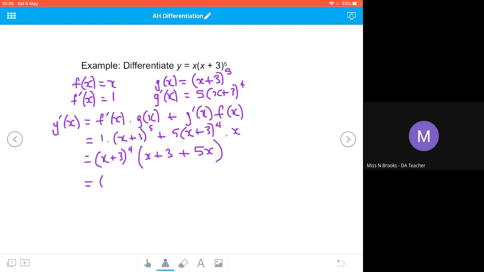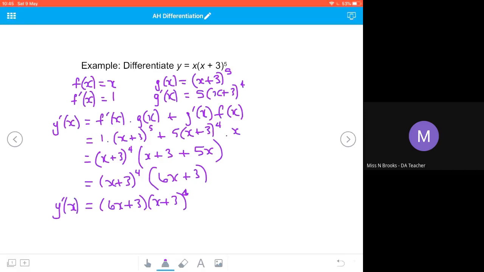So I'm going to have x plus 3 to the power of 4, and I'm going to have 6x plus 3 inside my bracket. And if I put it in ascending powers of x, I'm going to put my bracket 6x plus 3 first, and then x plus 3 to the power of 4, and that's my derivative of y with respect to x.